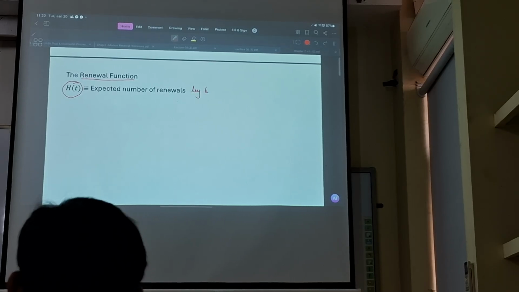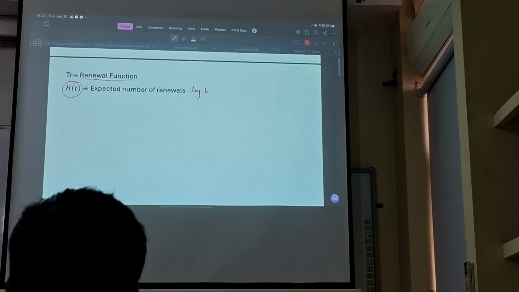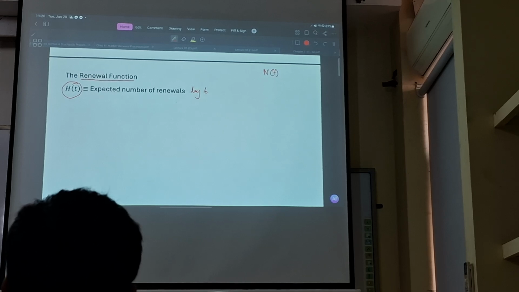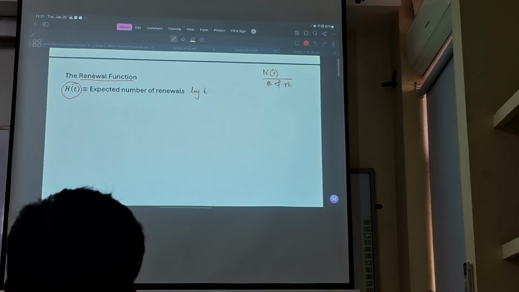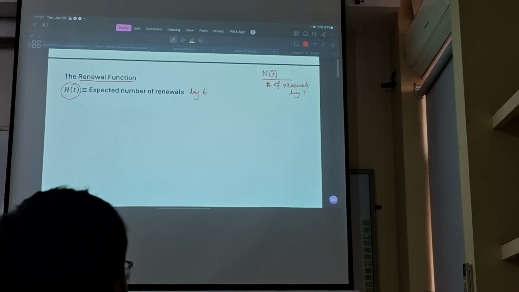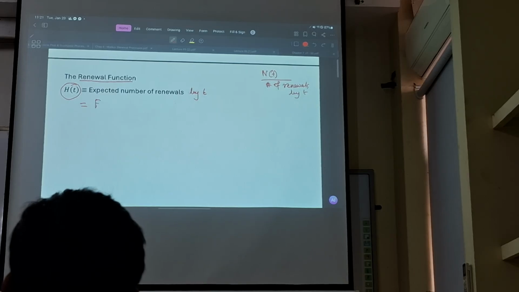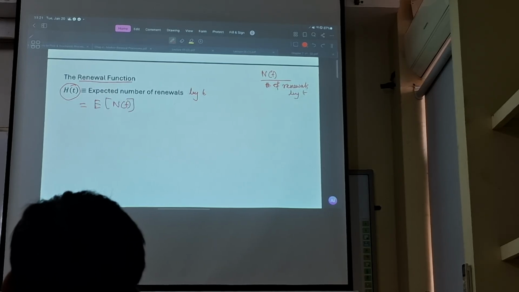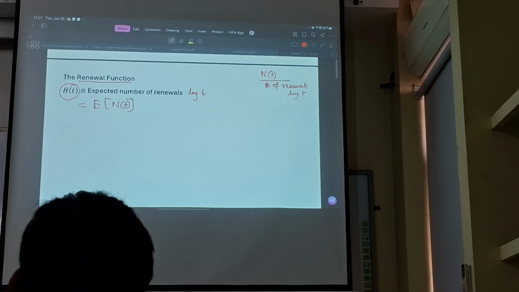So what is N(t)? Then we can say the capital M of t actually is the expected value of N(t), right? The expected value of this one.